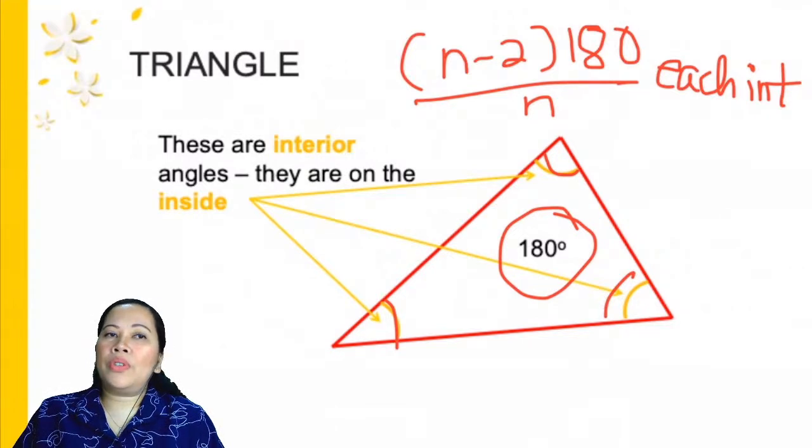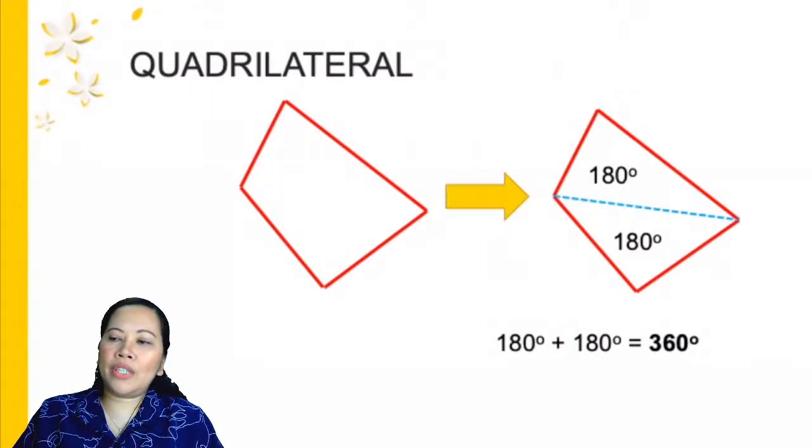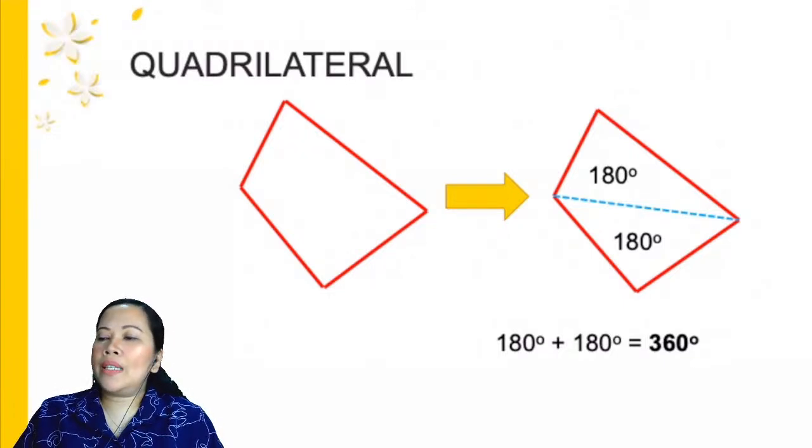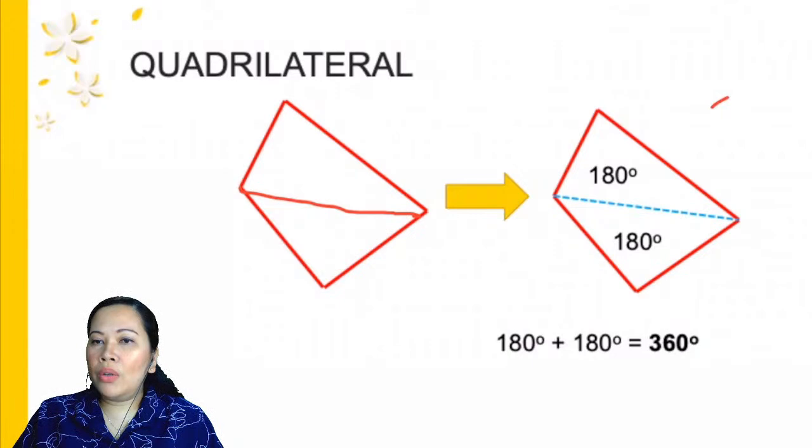The sum of the interior angles of your triangles always forms 180. So if you have a diagonal, like for example a quadrilateral, this one is an irregular polygon. So if I extend that, I form two triangles, right?